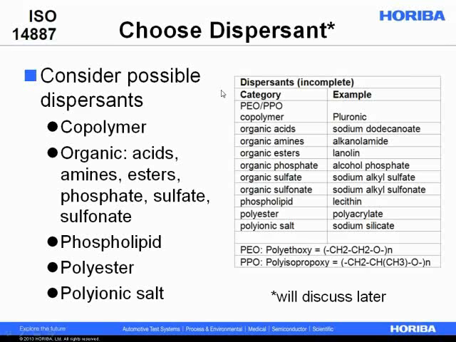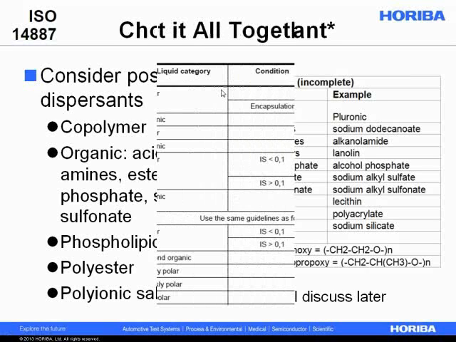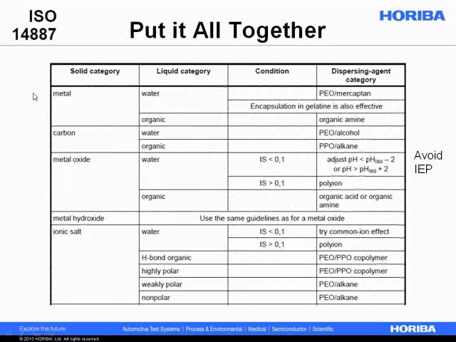And if I have all this information, then there's a table provided in the standard which pulls all this together, which says, for instance, if you're working with a metal oxide and you're going to disperse it in water, first of all, you want to know something about the ionic strength. And in a few slides, I'll talk about how the ionic strength can help you choose whether to use steric or electrostatic stabilization.